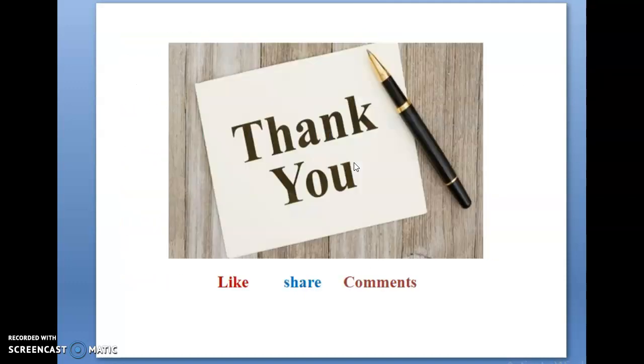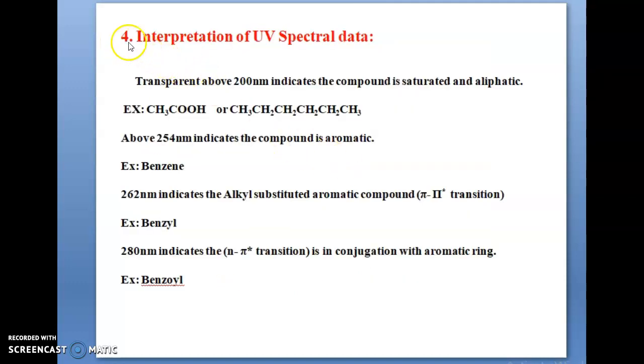Let us go to the next one. The fourth step is the interpretation of UV spectral data. UV means ultraviolet. If the compound is transparent above 200 nanometers, it indicates the compound is saturated or aliphatic, for example CH3CHO or CH3CH2CH2CH2CH2CH3.